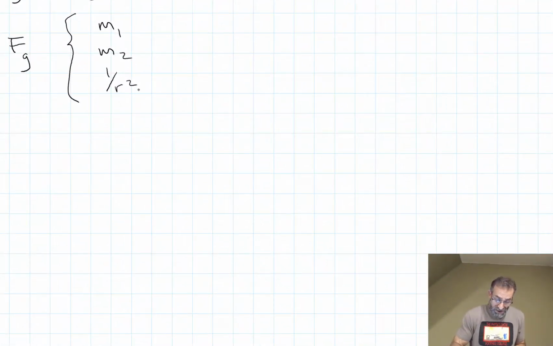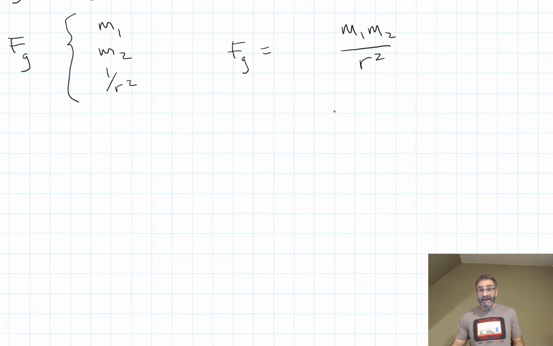And so when I put this together, I say the force of gravity is proportional to m1. It's proportional to m2, which means it equals m1 times m2. It's inversely proportional to r squared, the distance between m1 and m2. And I don't want a proportionality, I want to have an equal sign here, so I need some kind of a constant, a proportionality constant.